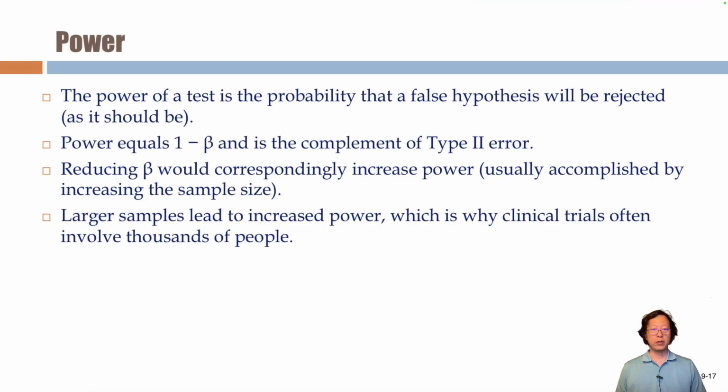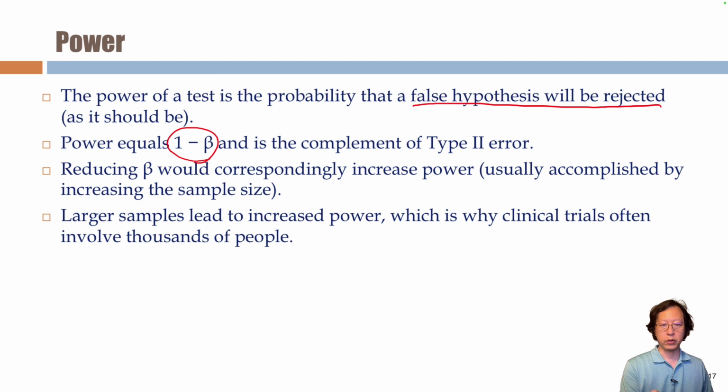So power of a test is the probability that a false hypothesis will be rejected. So power equals 1 minus beta.